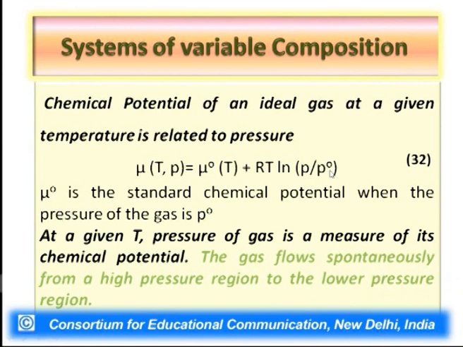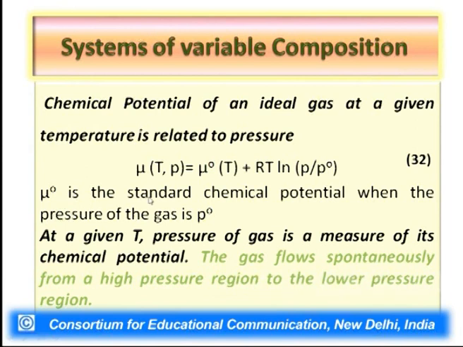So when the pressure of the gas is mentioned in bar units, it will equate, and it means the pressure can be expressed in any unit. For example, you can mention it in bar, atmosphere, millimeter Hg. Ultimately the conversion factor will take care, and when you divide it by bar, it will be a dimensionless quantity. So now let us define what mu standard is.